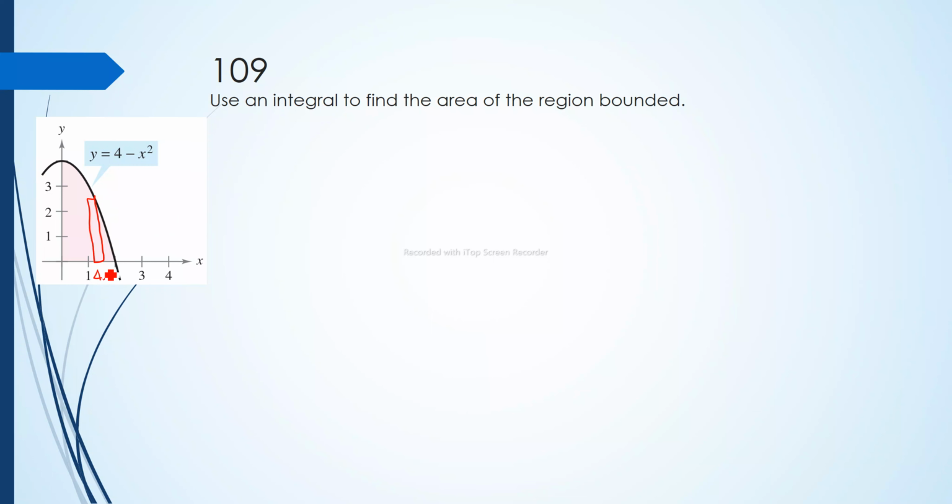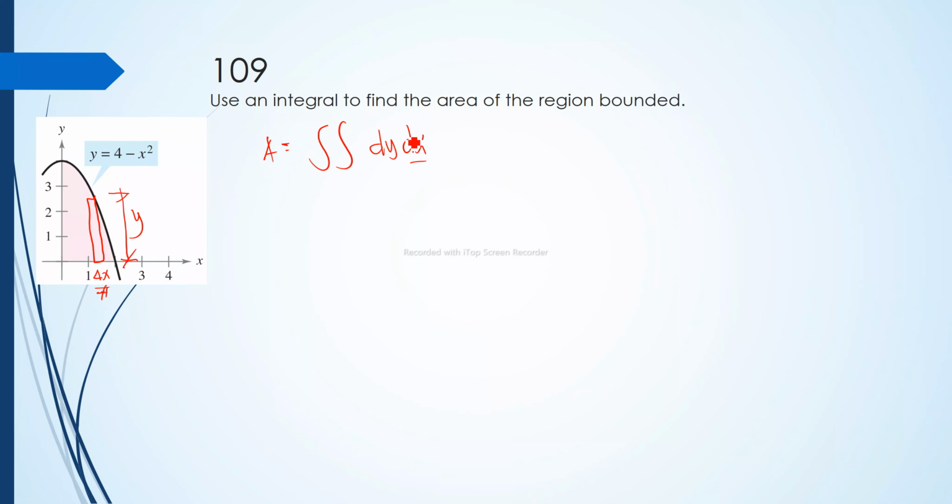So we have delta x, and then here this is the y. So you have the double integral, we have the dy dx. So our outer is the dx because that is the vertical strip.